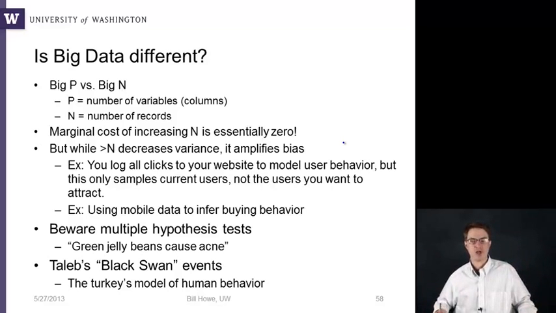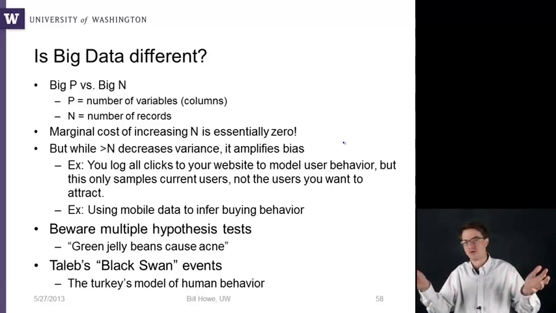And so, for example, if you log all the clicks to your website, you have a very, very large data set, and you can very precisely model user behavior. But that would only model your current users, when perhaps the whole point of modeling user behavior is to try to attract new customers. Well, for example, if you have early adopters and your current user base is early adopters, you're only going to be modeling their behavior. You haven't actually sampled the population at large.